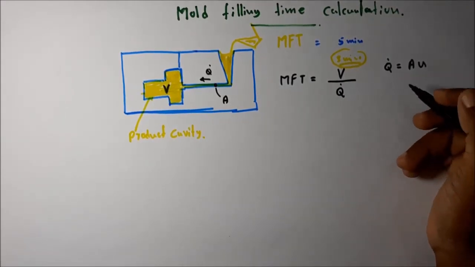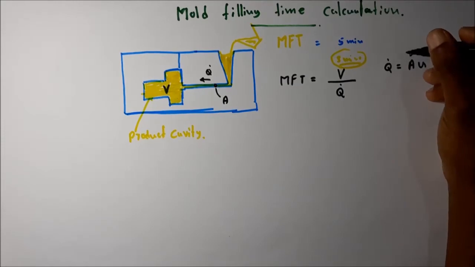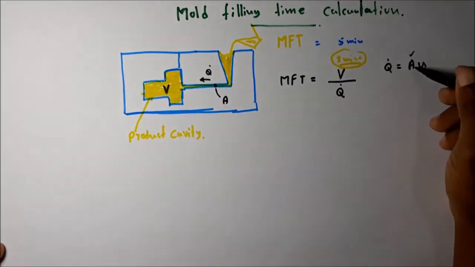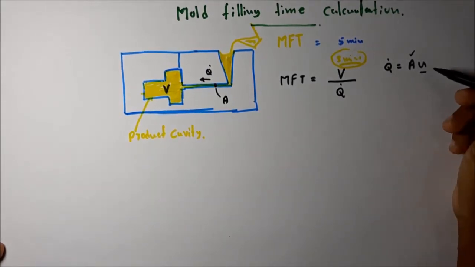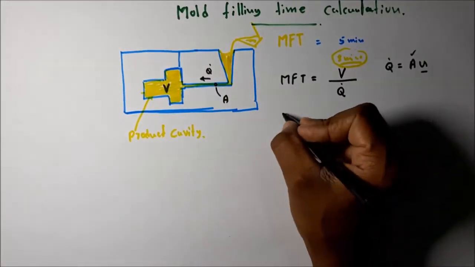A is known because it is a known dimension when you are designing the runner system. Then how to calculate U? If U is known, we can calculate the mold filling time easily. To calculate U, we are going to use Bernoulli's theorem.